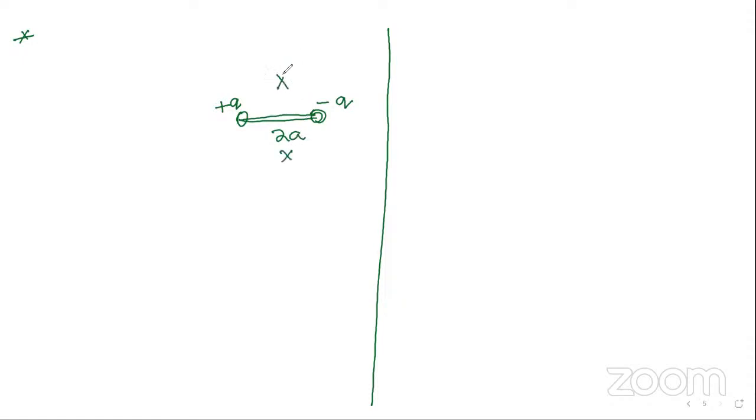We'll make a perpendicular bisector, and this is the equatorial line. Now let us find the field at any point P. This is any point P, and we'll find the electric field E at this point.